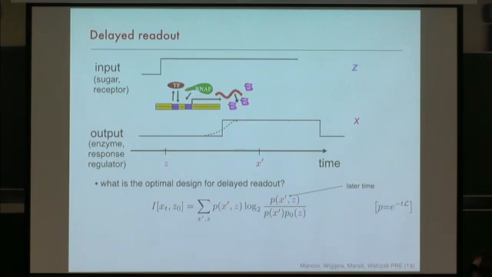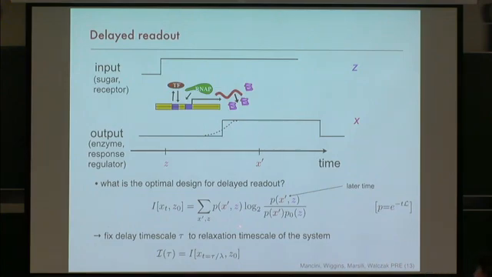And so you can write down the information for it, and basically to make things simpler, we consider the system where both the input and output are binary variables, so they can either be on or off.